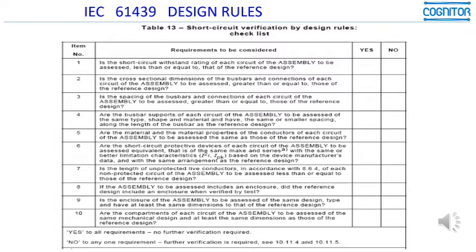If you have an answer no to any one of these requirements, then a further verification is required, and this is explained in the IEC standards, how we can do this verification. This can be done by calculations, by measurements.